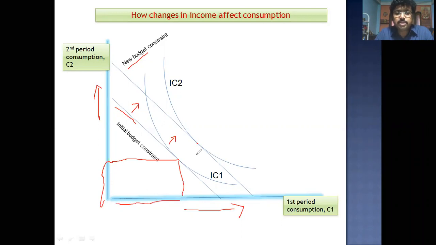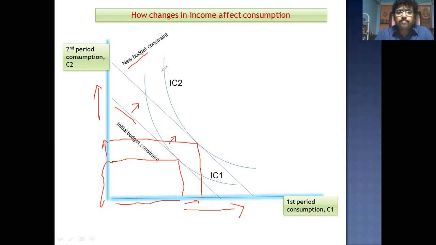When there is an increase in income, both periods' consumption will increase. The first period consumption will increase this much, and second period consumption will increase this much. Okay, hope you have an understanding. And so this is how changes in income affect consumption.